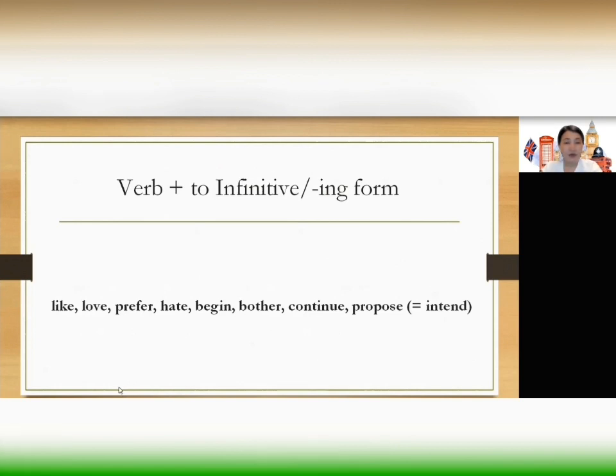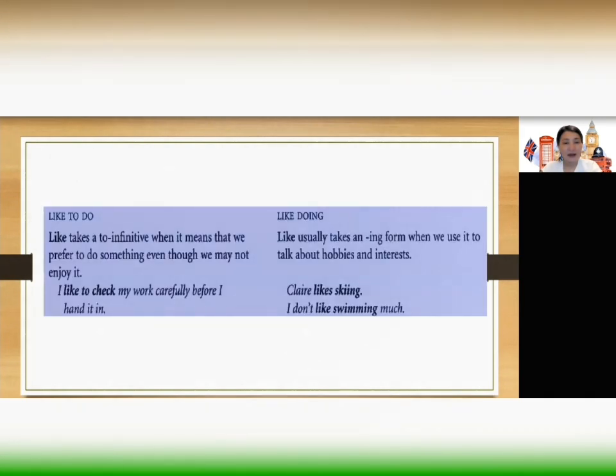And with both verb plus to infinitive and verb plus ing form, we use words like, love, prefer, hate, begin, bother, continue, and propose. Propose is meant here as an intention. For example, like to do.